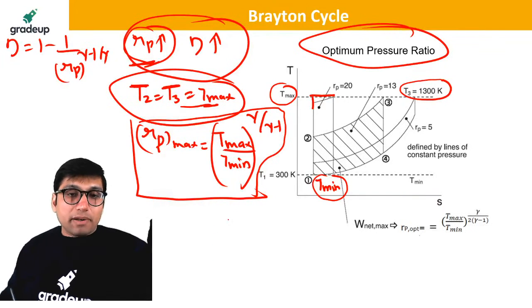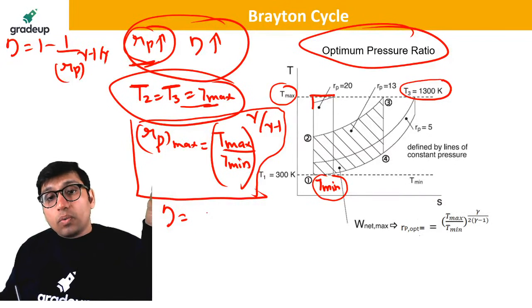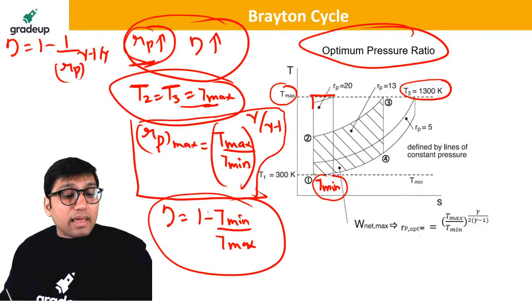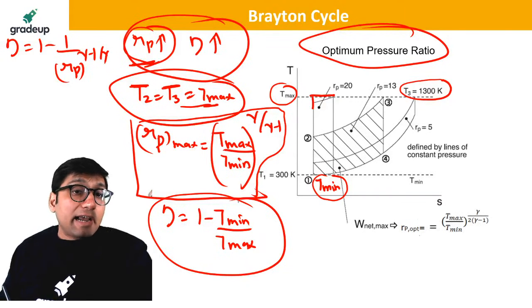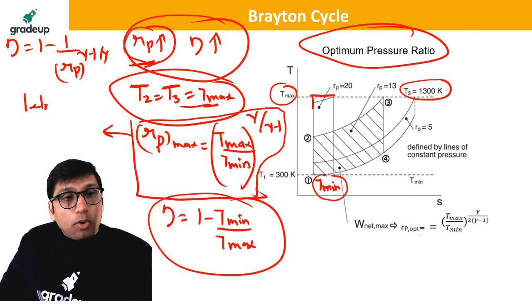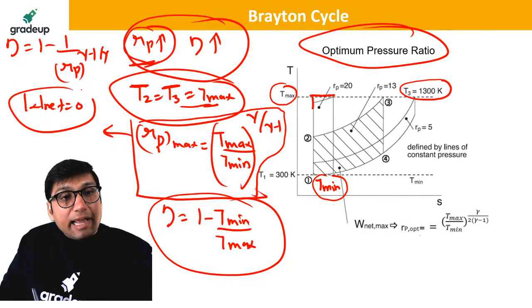In that situation, the efficiency will be equal to 1 minus T minimum by T maximum. That is, efficiency will become equal to the Carnot cycle efficiency. But the problem here is that with the maximum pressure ratio, the net work output will be 0. Why?